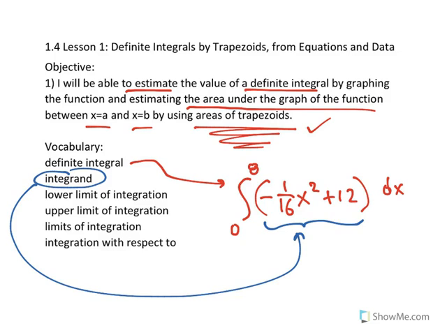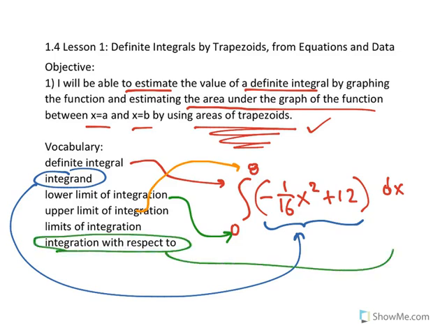The lower limit of integration would be 0. The upper limit of integration would be 8. Together, 0 and 8 are called the limits of integration, and in this problem we have integration with respect to x. And as we understand from the previous lesson, you have a product here, and that's why you need to write the dx.